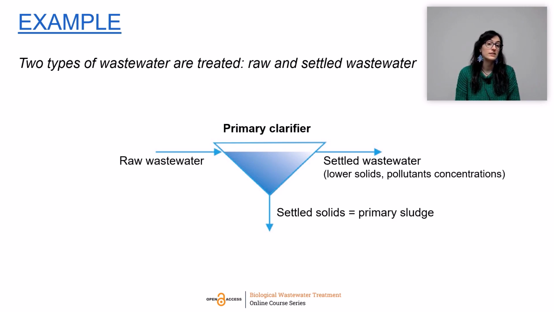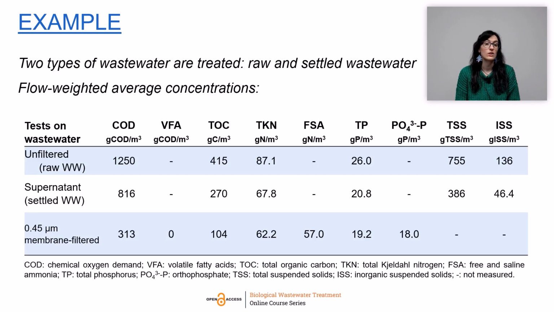And this is the case if we take a look at the flow-weighted average concentrations of each stream, which are provided in this slide. We have, on the one hand, data on the concentrations of the unfiltered wastewater, both raw and settled. These parameters are total concentrations of organics and nutrients in the wastewater.